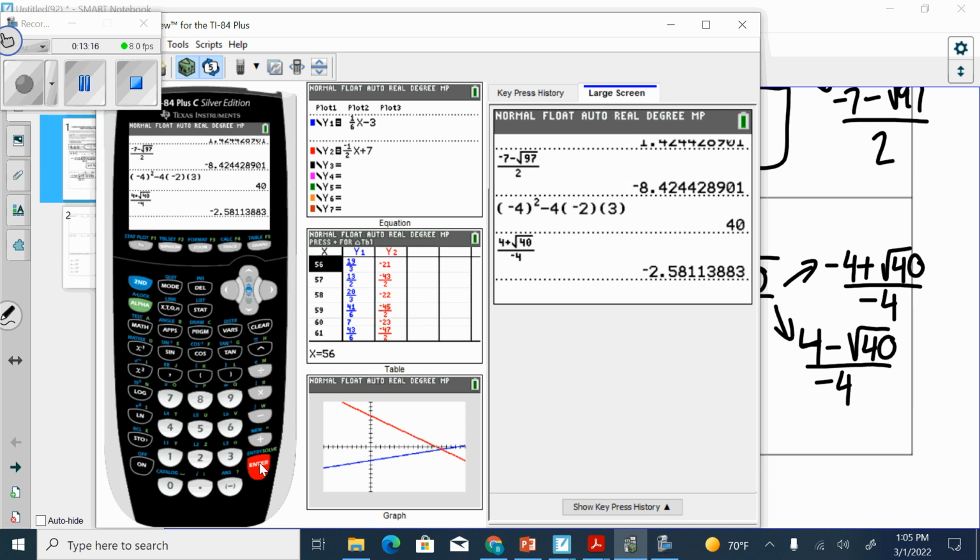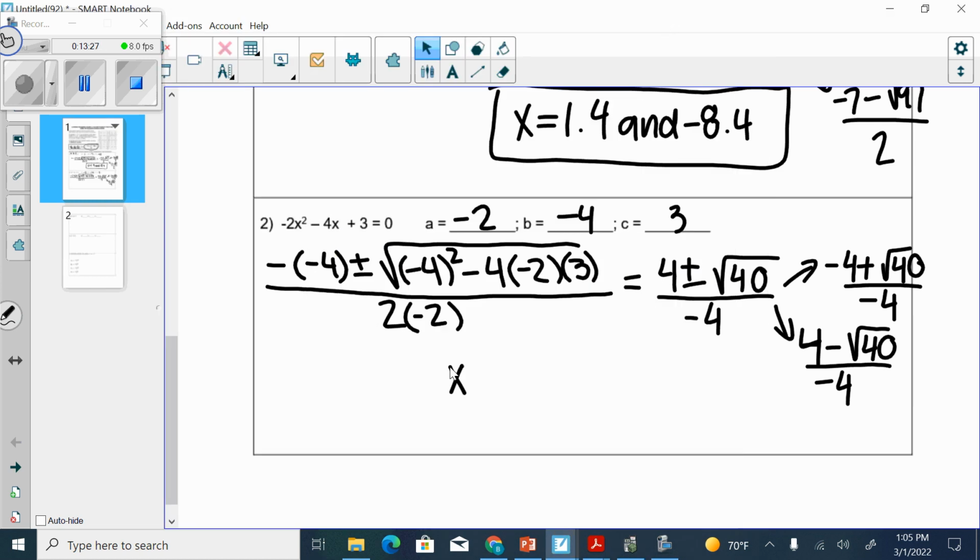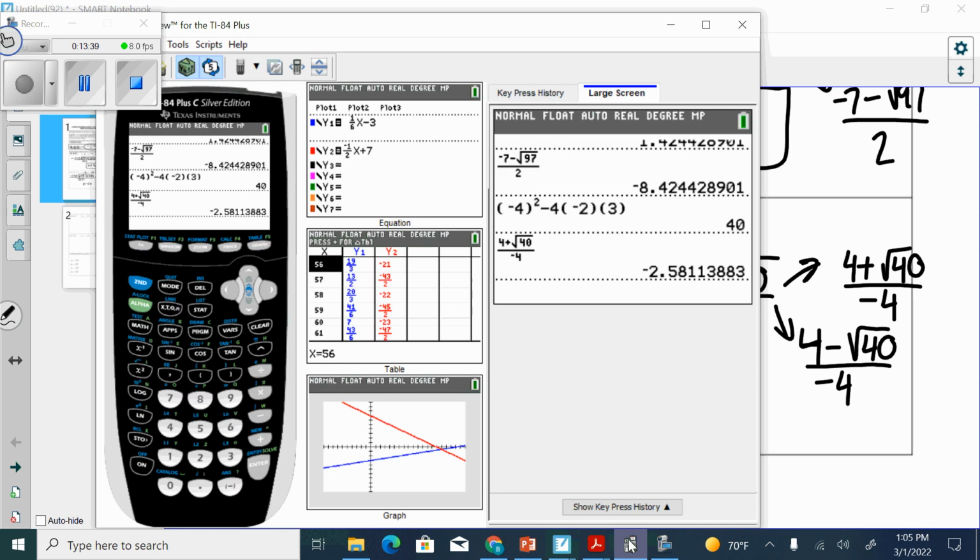Okay. Round 1 decimal place, so this would become -2.6. So x equals -2.6. Okay, and then the same for the other one down here. Okay, just this time we use the minus.